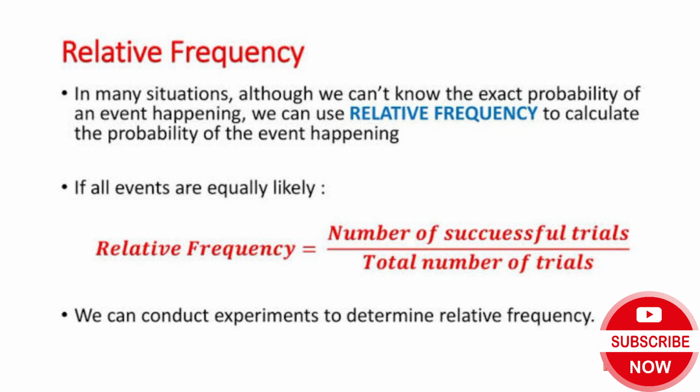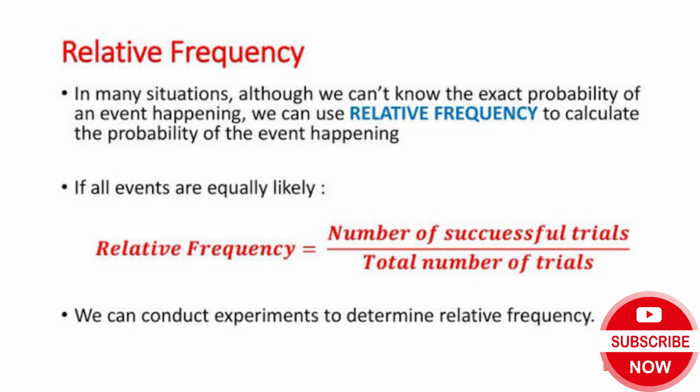To calculate the relative frequency after conducting the examination, you count the number of successful candidates, that is those that get 80 and above, and you divide it by the total number of students that took the examination, and that is how to calculate the relative frequency.